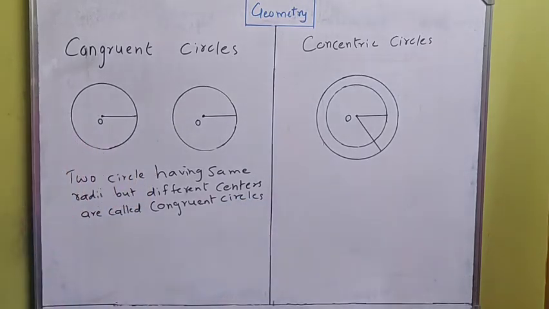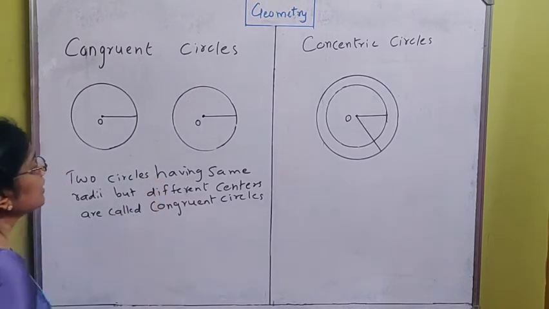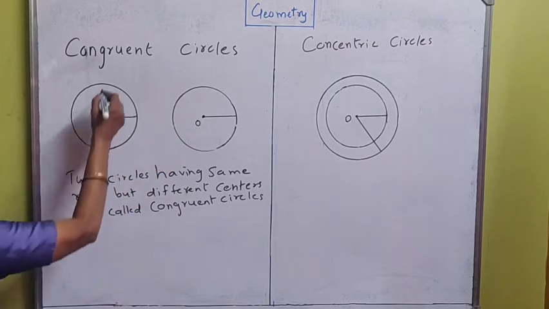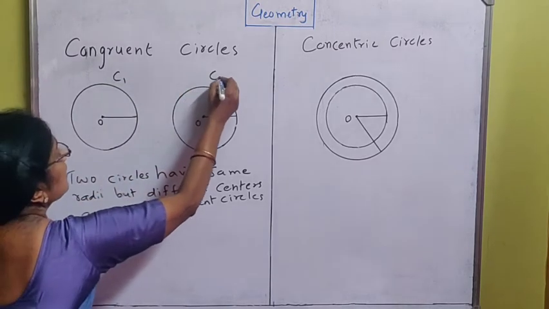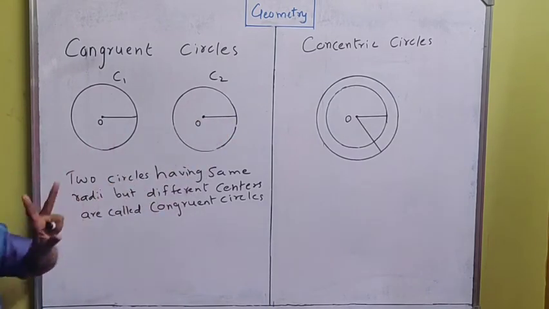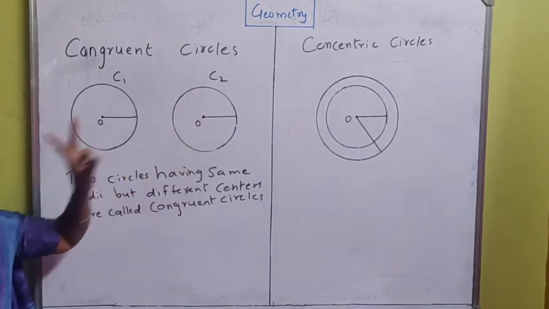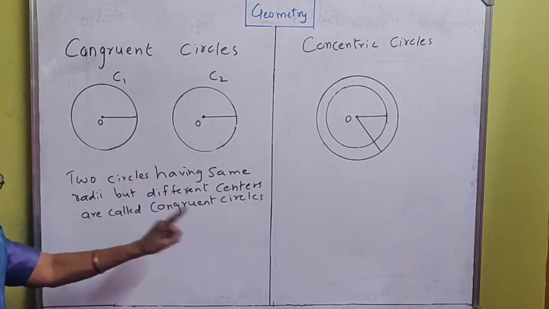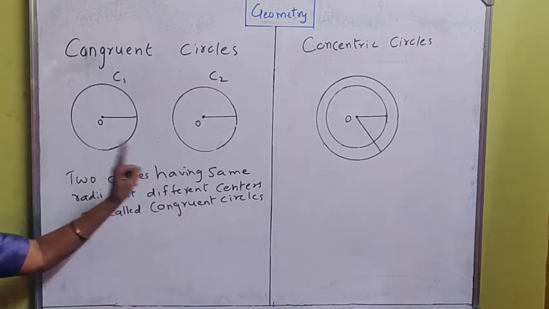So we came to know what congruent circles mean. Two circles. So how many circles are taken? Two circles are taken. You can see I have taken. This is circle C1 and this is circle C2. Both the circles are having the same radii, but the centers are different. Such two circles, we call them congruent circles.